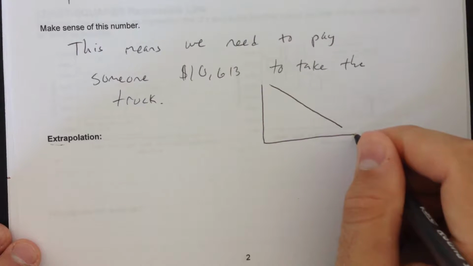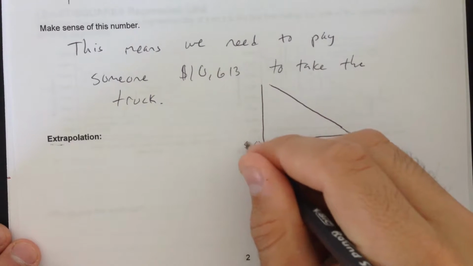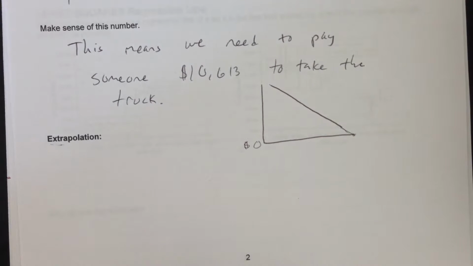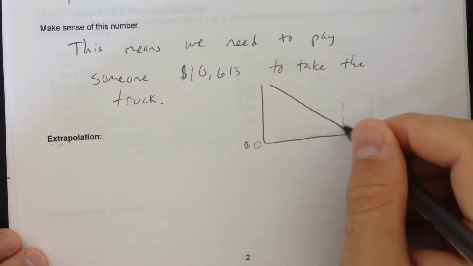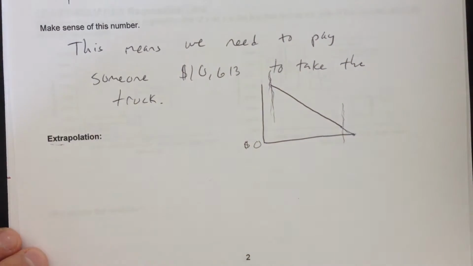Once you get to this x-axis, that's your $0 mark. At that point, you'd be giving away the truck for free, which still would be something nobody would really do unless you're donating it for some other reason. So there's really only a certain window you can use this from. You've got to be careful with extrapolation.